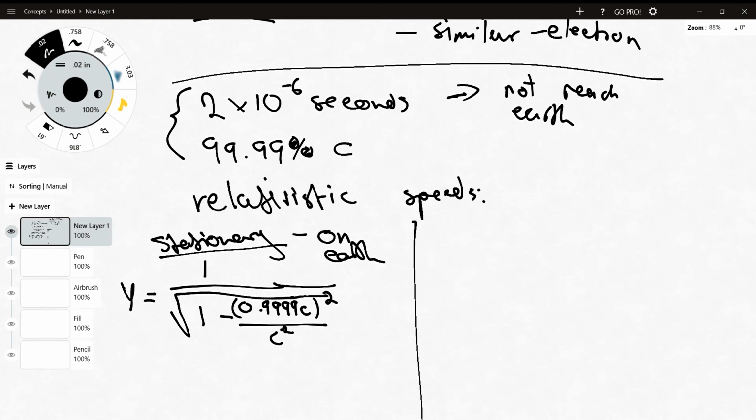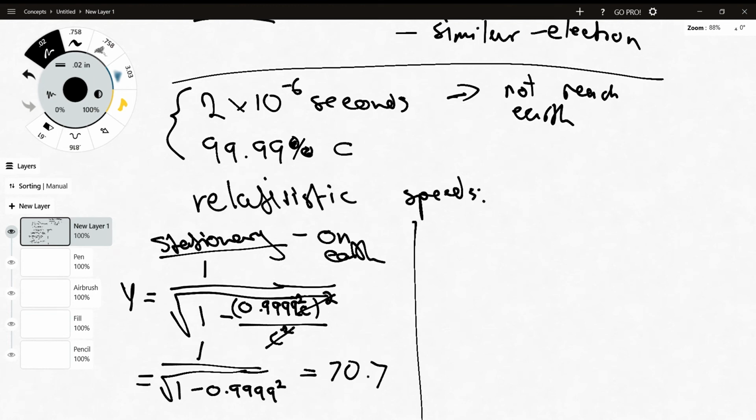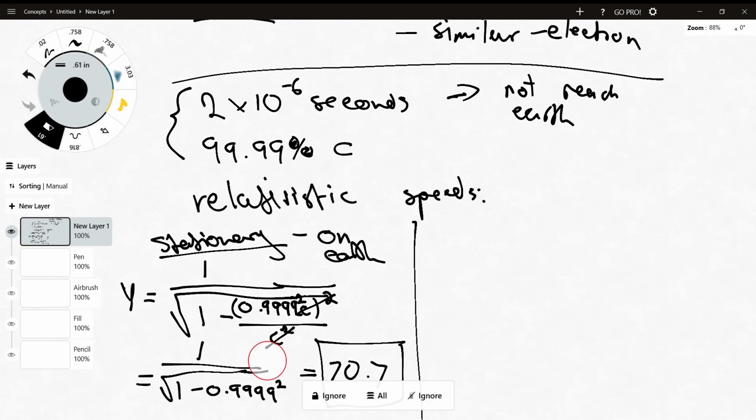And so we simplify that, it gets multiplied out, and the c's cancel, and we have 0.9999 squared, so gamma equals 1 on root 1 minus 0.9999 squared, and what we find is 1 on the square root of 1 minus 0.9999 squared is around 70.7.